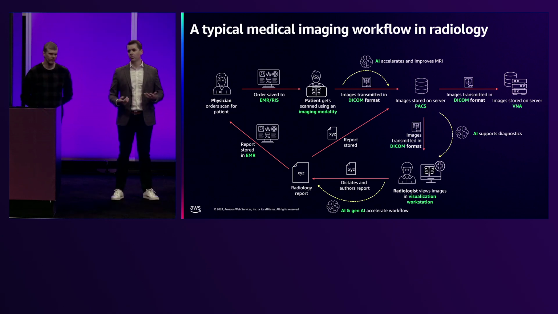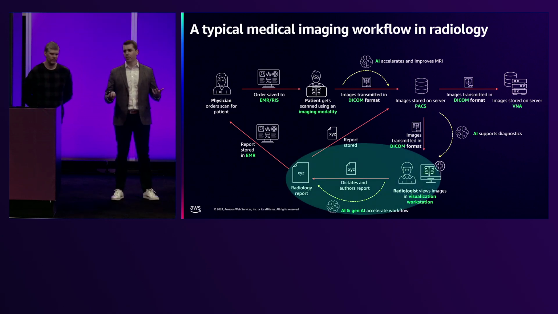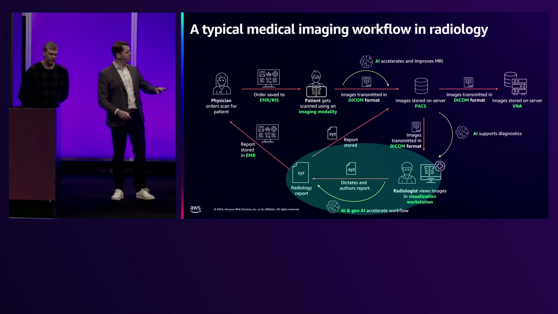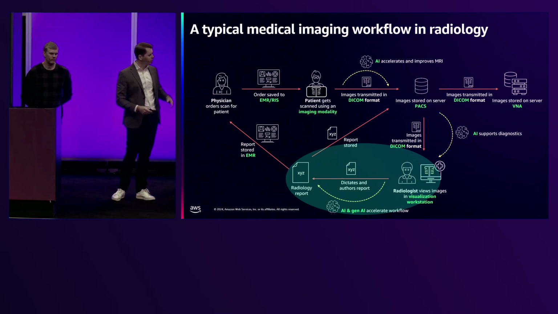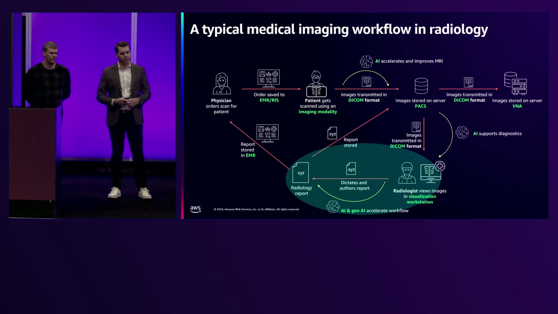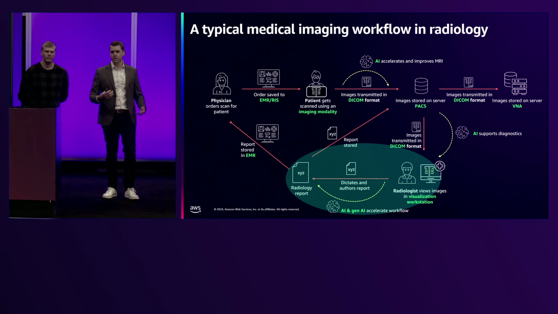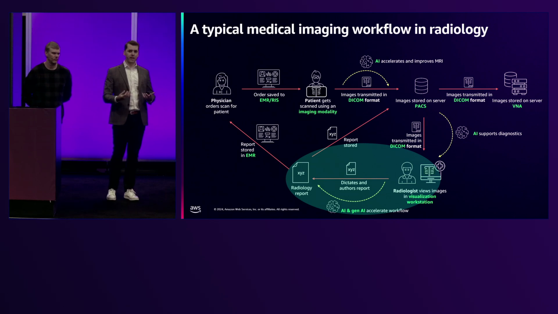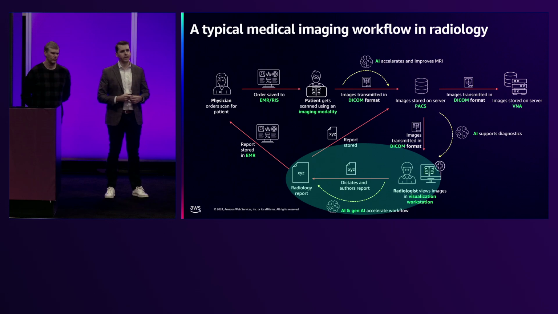And so today what we're seeing is a lot of innovation, and some of the partner examples that we'll talk through are really taking place in this green oval down here around that report generation. And there's lots of opportunity for generative AI to evaluate images, pull in ancillary data from electronic medical record platforms, and really support that process to create a cohesive summary for either downstream specialists or patients themselves, so they can understand what they're looking at.